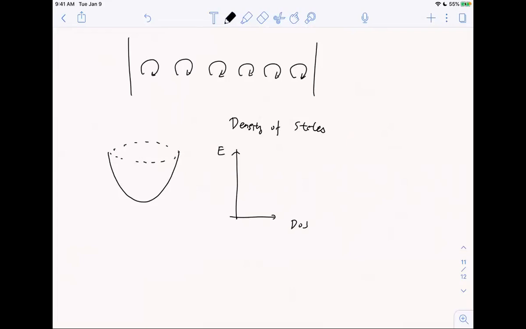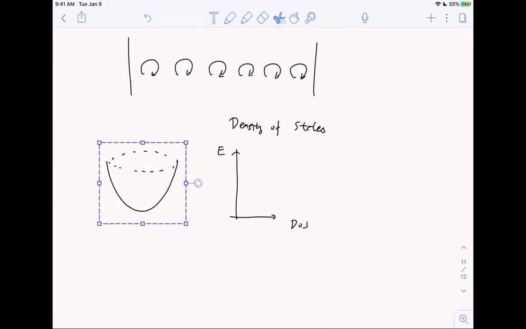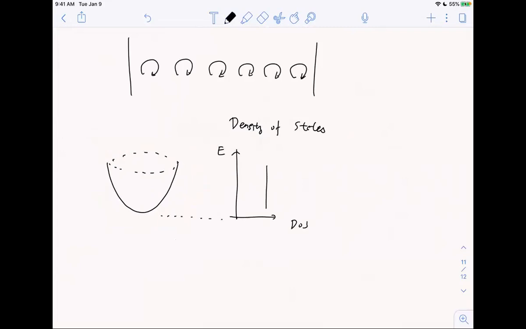Can someone tell me what the density of state is? It's just a constant. Okay, it's just a constant for a 2D massive particle. Okay.